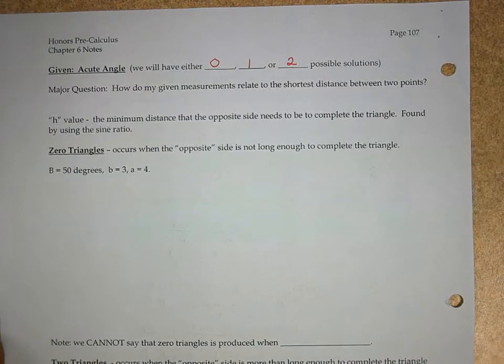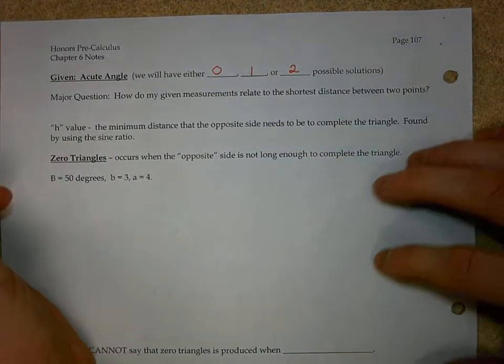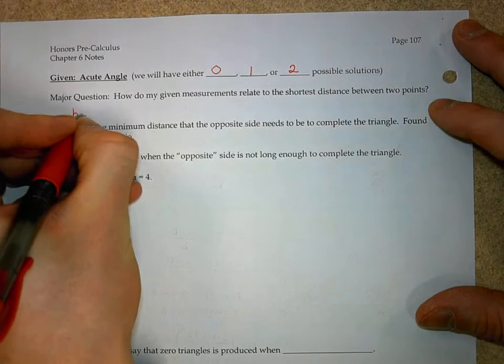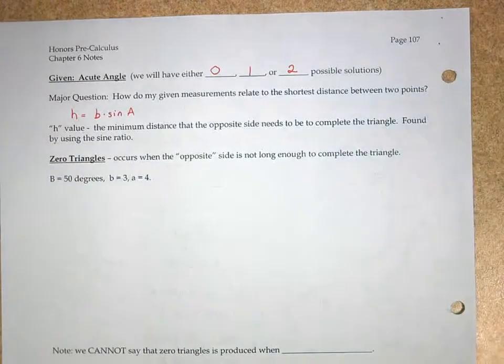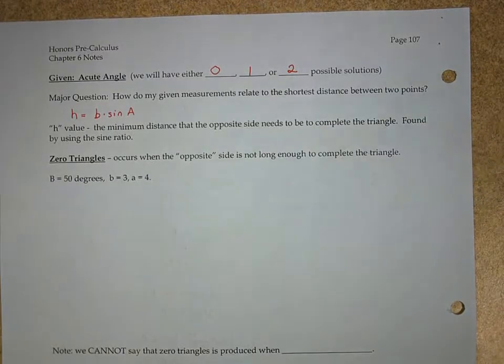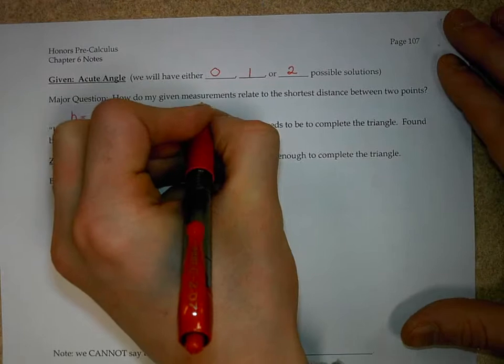So the major question is, how do my given measurements relate to the shortest distance between 2 points? The relationship is going to be this H value, this height, where we use H equals B times the sine of A. But it could be D times the sine of Q. It all depends on what values we're given.